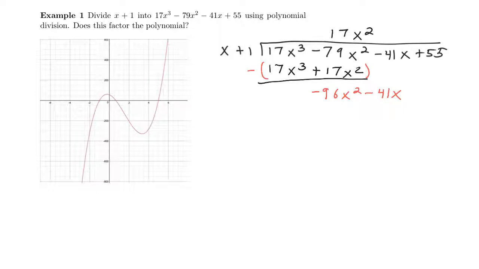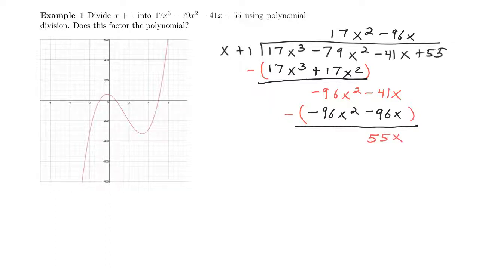So now I want to cancel a negative 96x squared, so I'll multiply by negative 96x, gives me negative 96x squared minus 96x, and here I'm taking the difference of these two things, so all that's left over is going to be a positive 96 minus 41. Oh, and that's 55x, and I'll bring down this plus 55.